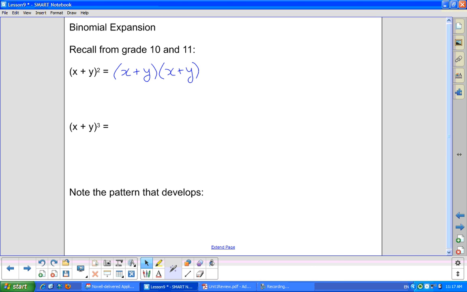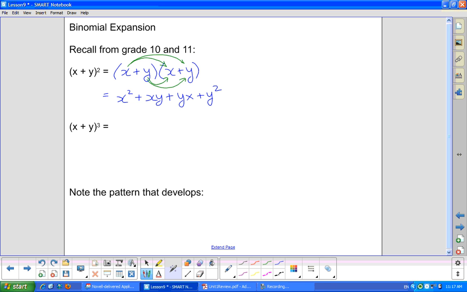Some of you know it as FOIL or distributive law. Regardless which way you know it, you end up with x squared plus xy plus yx plus y squared. And those middle terms are like terms, so you have to collect them together. So you'd end up with x squared plus 2xy plus y squared.